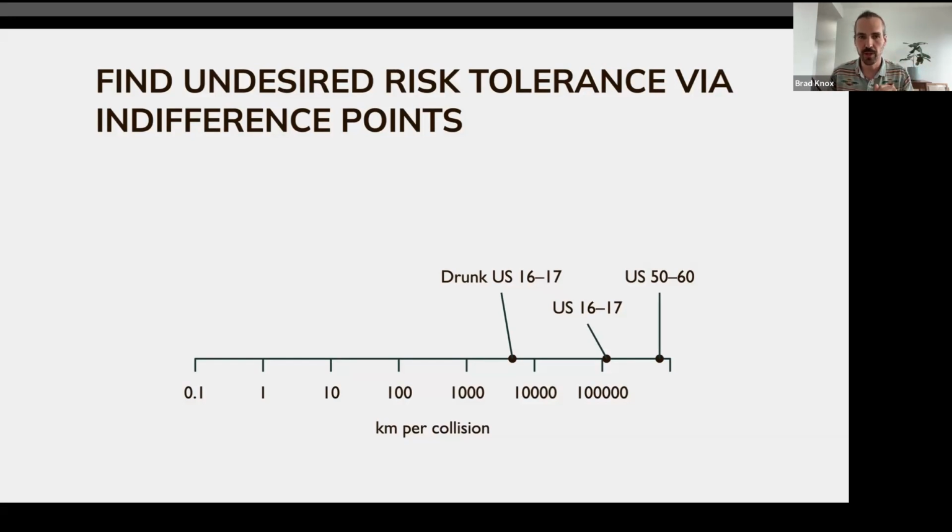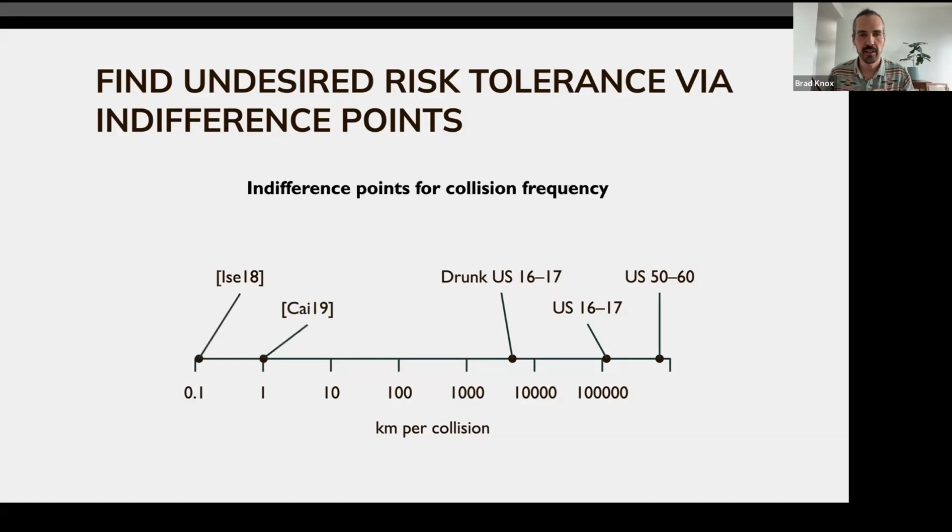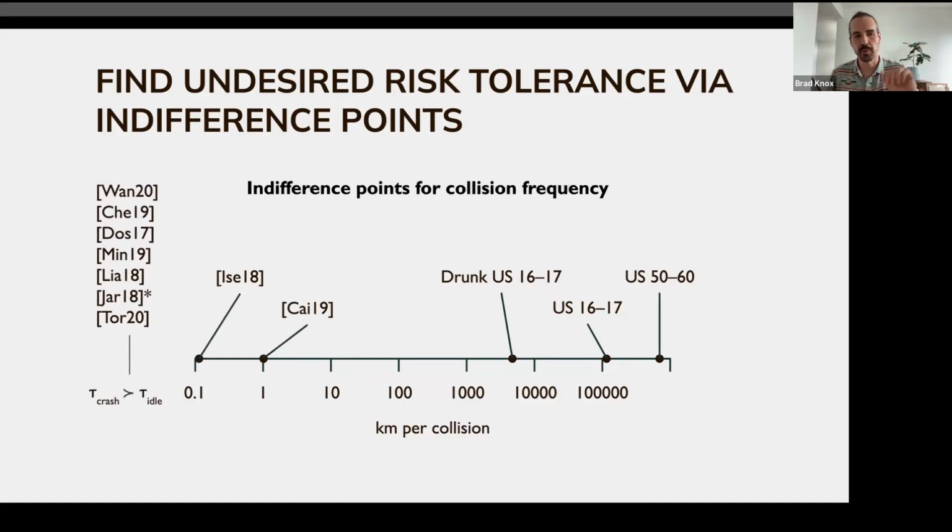And so what did we get from the reward function? So remember, there's 2 of them that allow this analysis. So their indifference points are here and here. And then also remember, 7 of them don't have indifference points because they don't have the right trajectory ordering. They just prefer the crash over not driving.